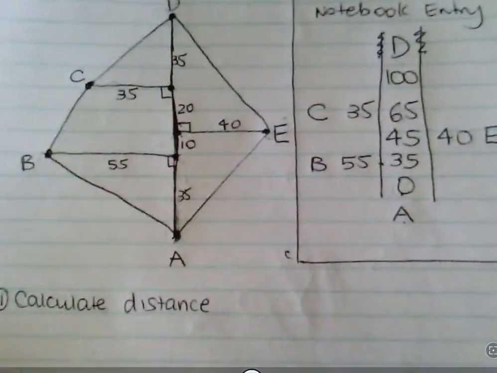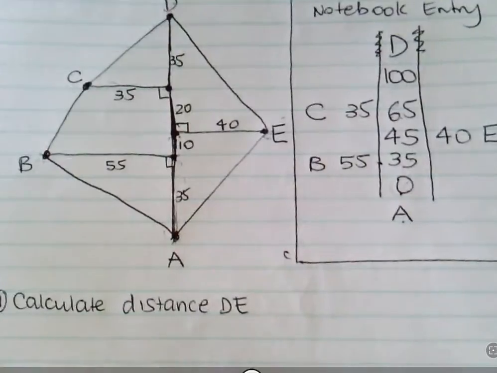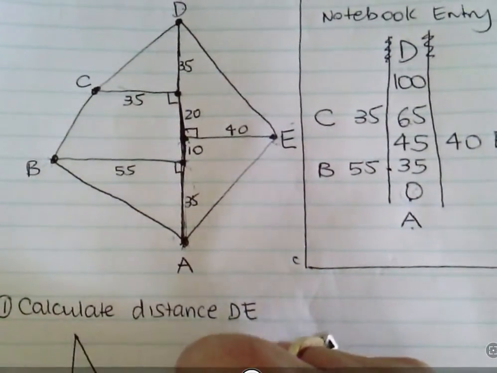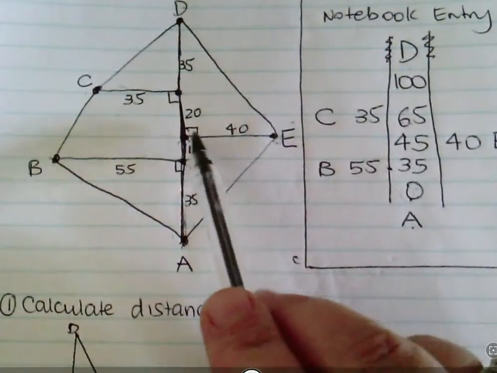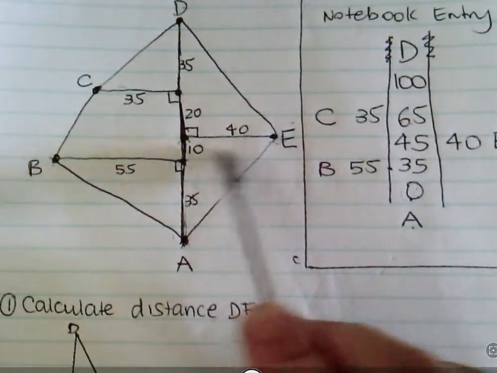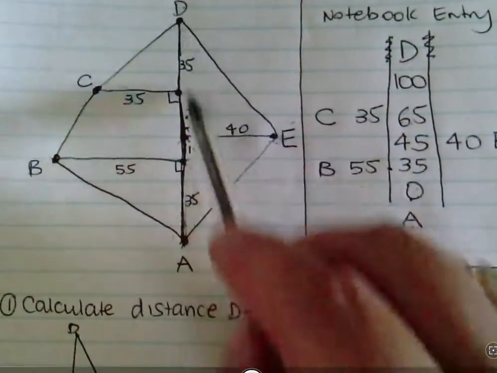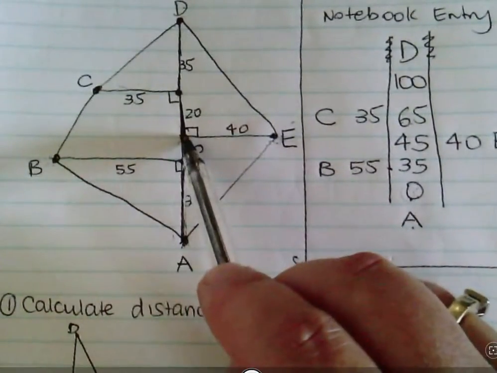One, I want to calculate distance DE. Now to do that, I'm going to draw the right angle triangle that DE is in. Now be careful. There's D, there's E, there's the right angle. What's this length along here? What's this? 40, but what's this? What do you do with these two numbers?